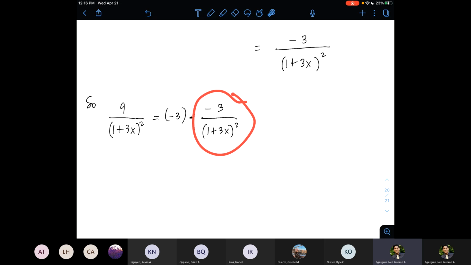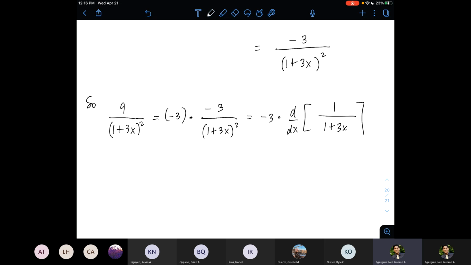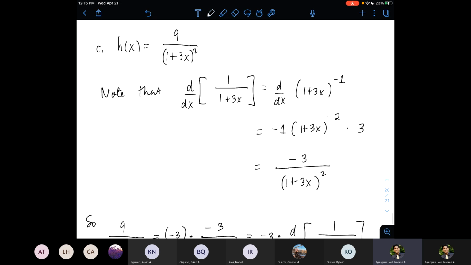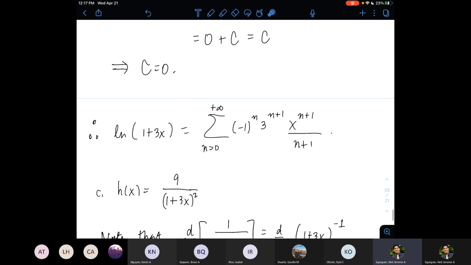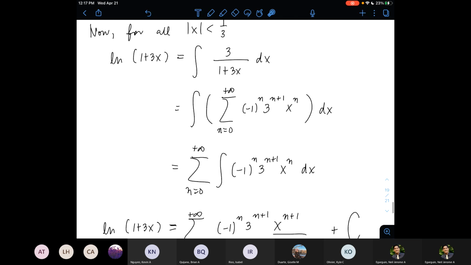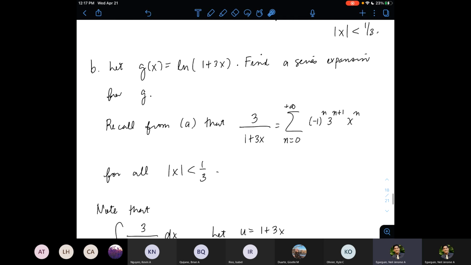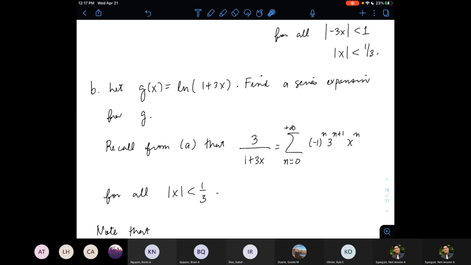But I know that this guy, as our solution above, is the derivative of 1 over 1 plus 3x, right? That's what we learned from this differentiation step here. So that means the original series is -3 times the derivative of this guy, but I can replace 1 over 1 plus 3x by its series expansion. Remember, 1 over 1 plus 3x is what? The series expansion we found out from part 1 is this guy.